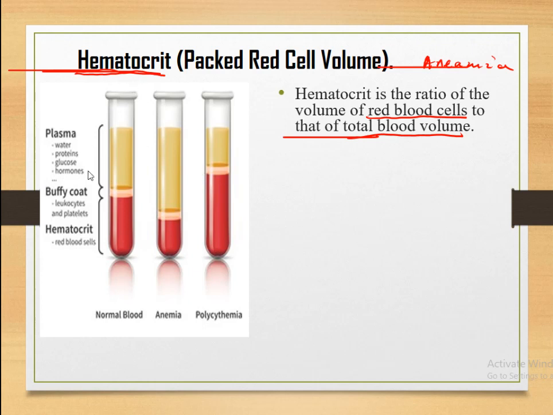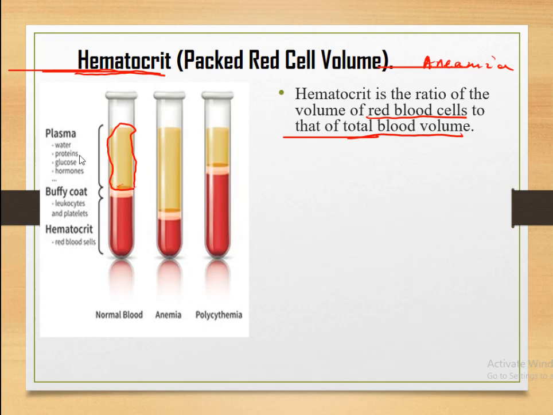So let me quickly give a picture of what we are supposed to know. After you centrifuge the blood, this is the normal ratio which is supposed to be shown in your test tube. The upper part has to be made up of plasma. So this is plasma in the normal blood.